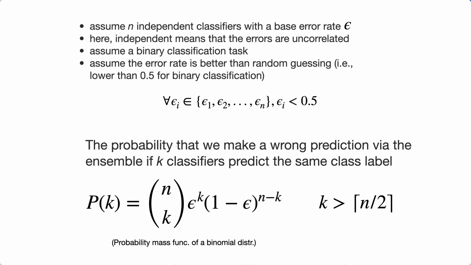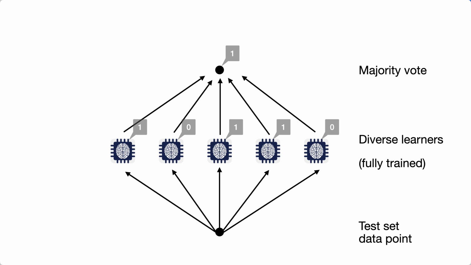So we're going to start from an assumption. We're going to assume that each one of these machine learning systems is independent. What does that mean? That means that if this one makes a mistake on data point 1 and data point 3, this one doesn't necessarily make mistakes on the same one.